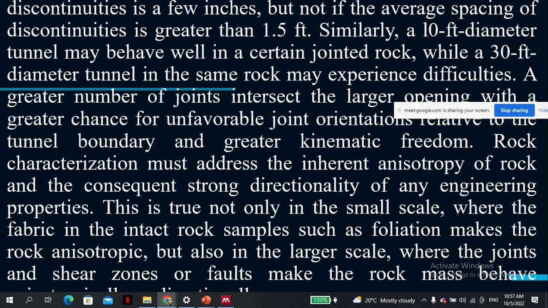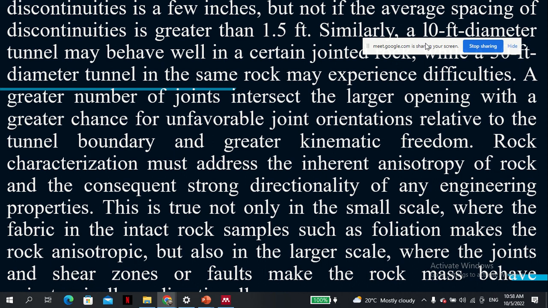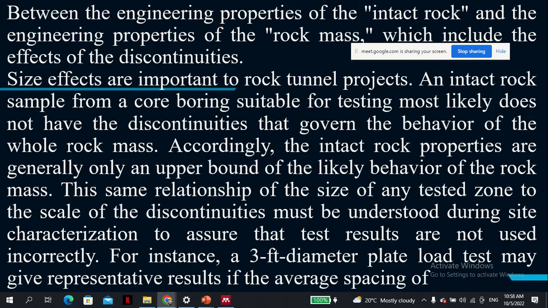Similarly, a 10 feet diameter tunnel may behave well in a certain jointed rock, while a 30 feet diameter tunnel in the same rock may experience difficulties. A great number of joints intersect the larger opening, with greater chance for favorable orientation relative to the tunnel boundary and great kinematic freedom. This is just what I was saying.